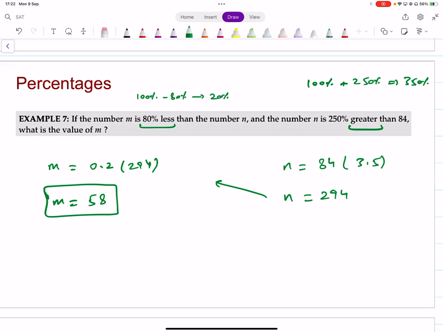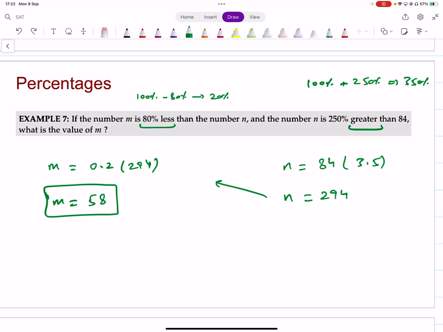Okay? So we first find N by increasing 84 by 250%, right? So 100% plus 250%, that's 350%. We multiply by 3.5. Once we have the value of N, we need to reduce it by 80%. That means multiplying by 0.2. Okay?